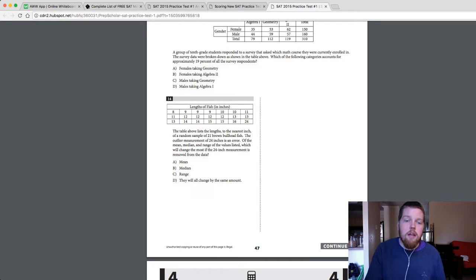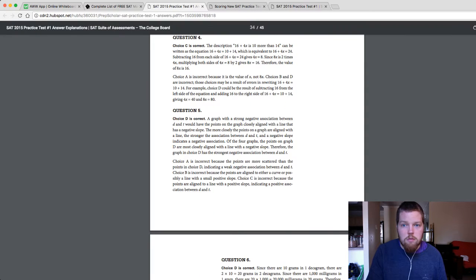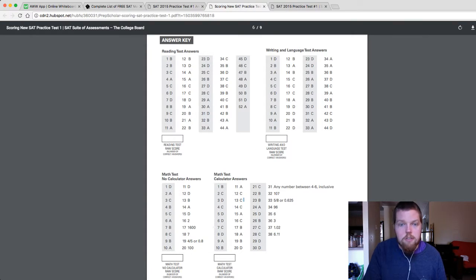And I don't think that adding up all of these things on your calculator would be fast. You only have so much time for this. So let's see what they say for the explanation. 14. I'm going to go with the range. C is going to change the most. The range is going to change the most.